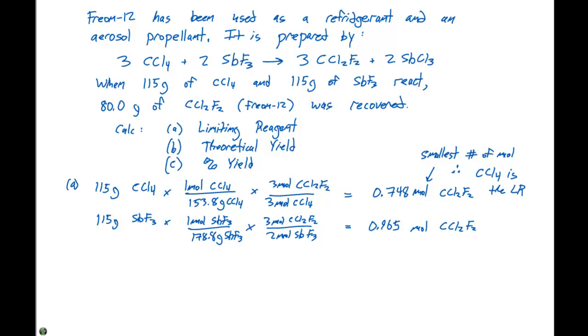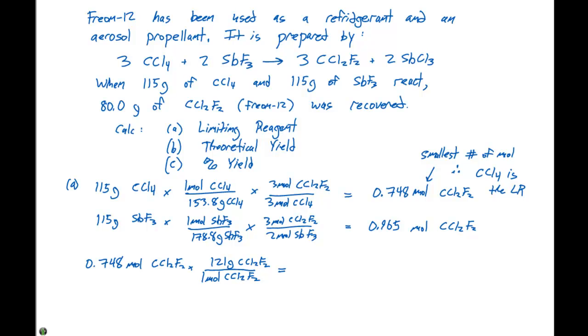Since we know that that's the limiting reactant, we're going to use that 0.748 moles to calculate the mass of the Freon 12 that's going to be produced. So we just need to do one more step, which is 0.748 moles of CCl2F2. Using the periodic table, 1 mole of the Freon 12 is going to be equal to 121 grams.